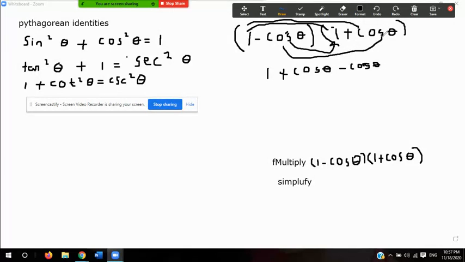Okay, so we have 1 plus the cosine of theta minus the cosine of theta minus the cosine of theta squared. So minus the cosine of theta squared.